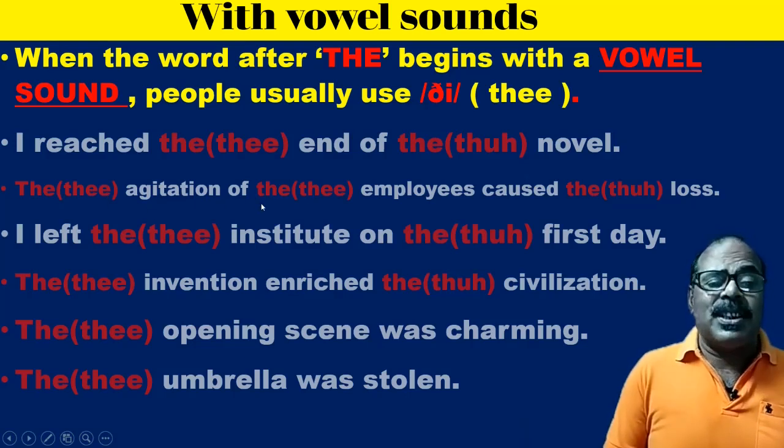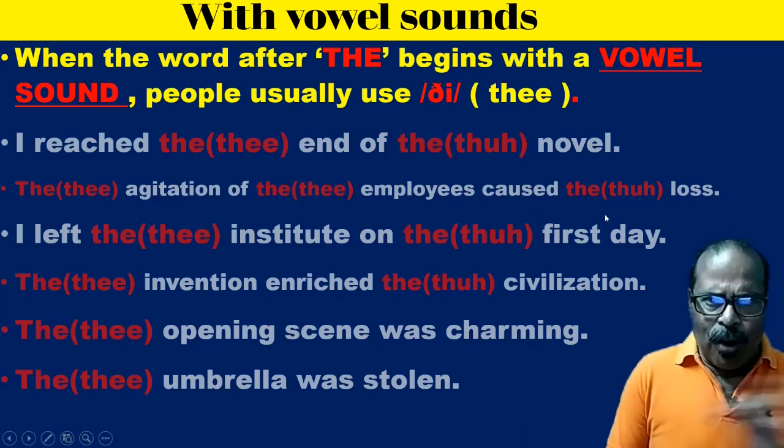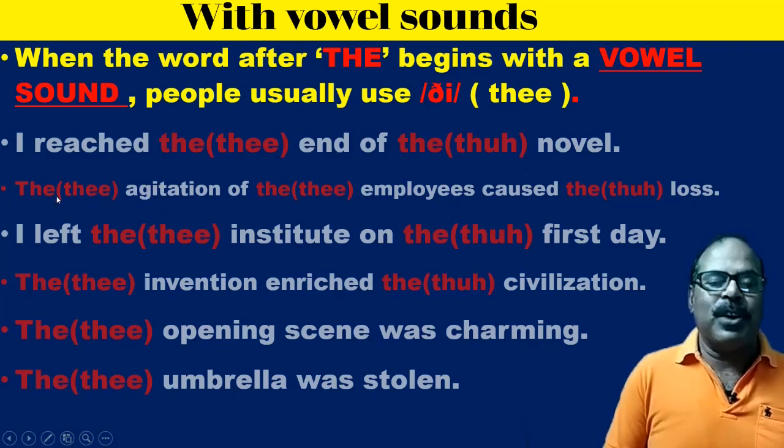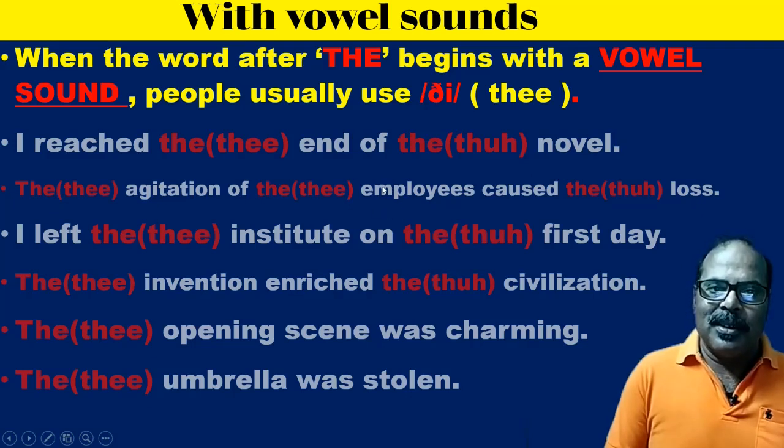The agitation of the employees caused the loss. Here, agitation begins with a vowel sound, so it will be "thee". Employees begins with a vowel sound, so it will be "thee".